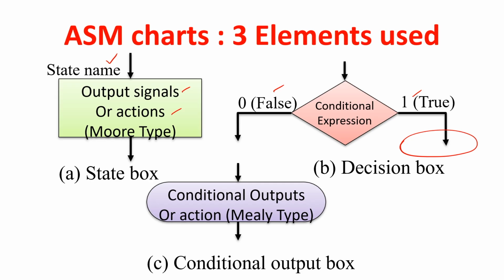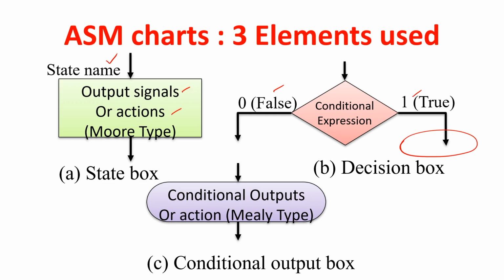Also we have a regular flow kind of thing, a decision box. Because of the combination of these three things, it is more powerful compared to regular FSM and also compared to regular flowcharts.